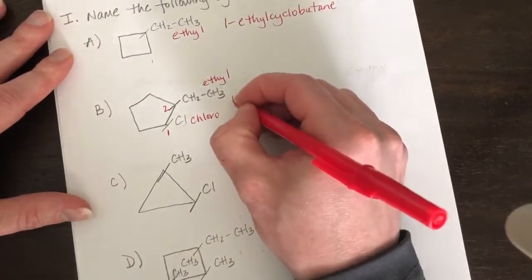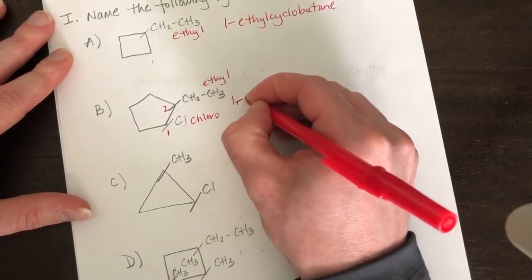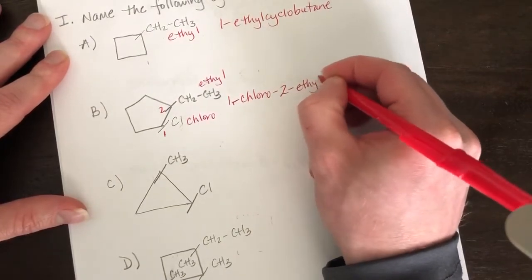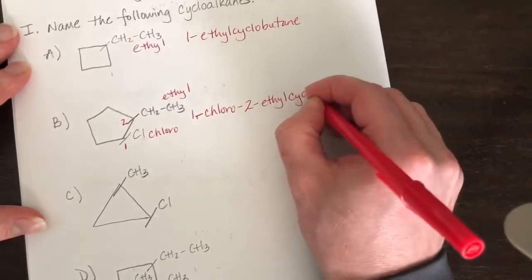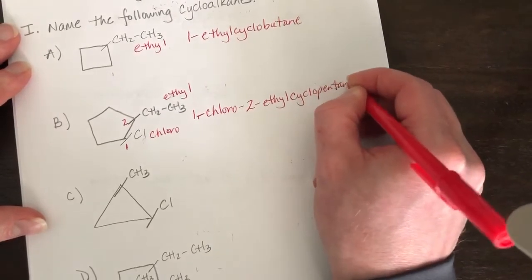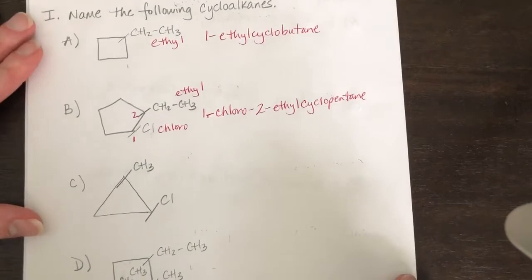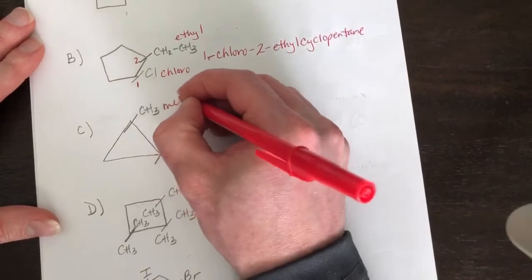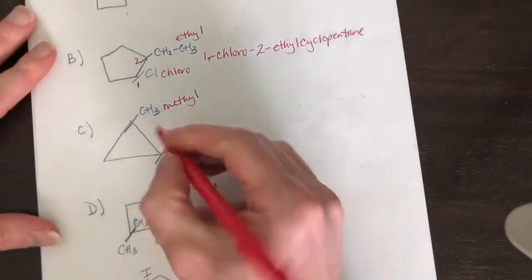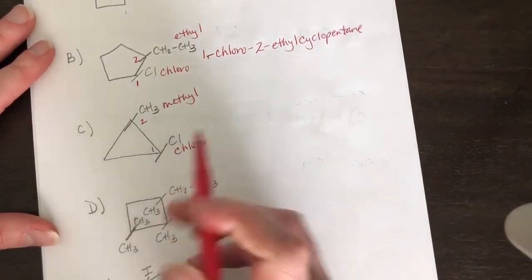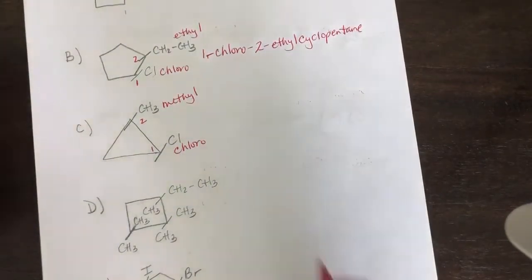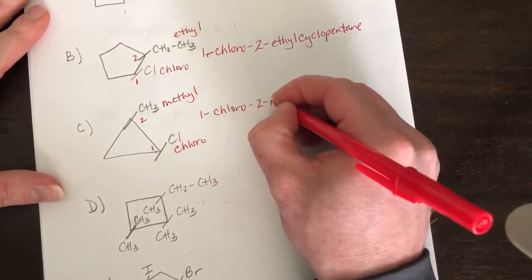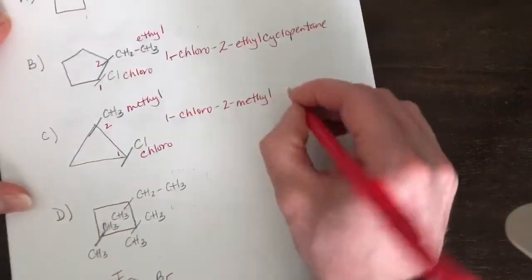So we're going to do 1 chloro, 2 ethyl, and it's going to be cyclopentane. Next one. We got a chloro coming off right here, and a methyl group coming off of this one. So this is going to get the priority in order, so it's going to be 1 chloro, 2 methyl, and cyclopropane.